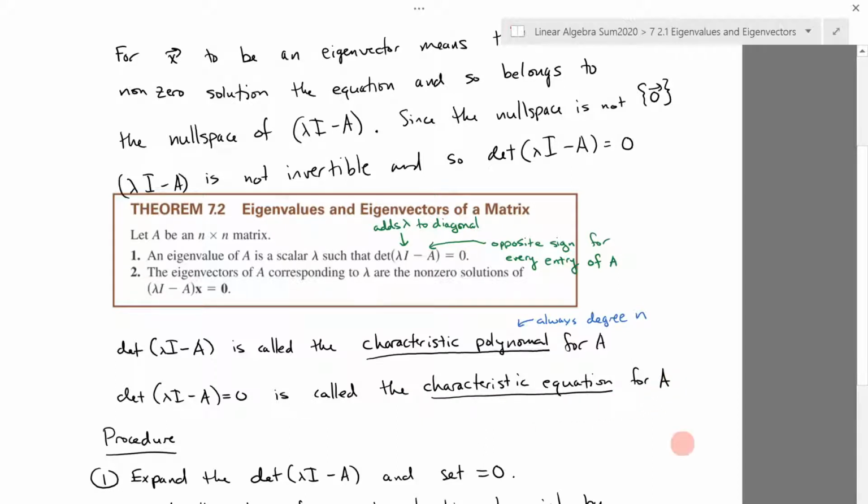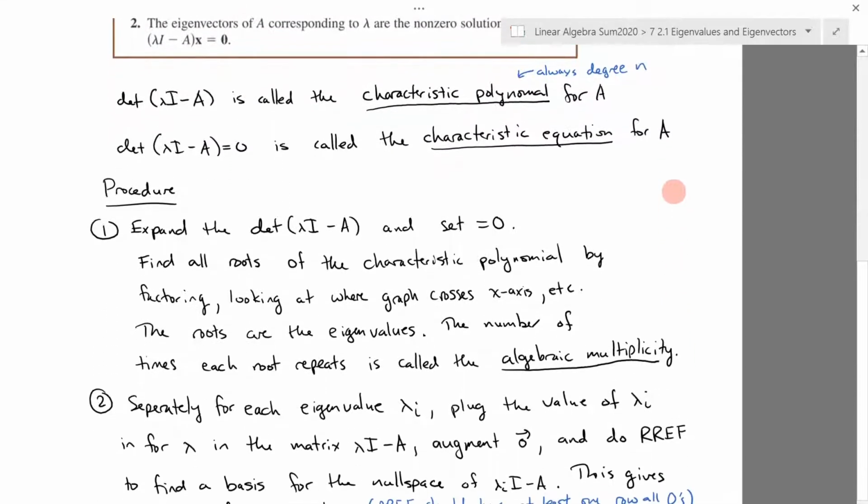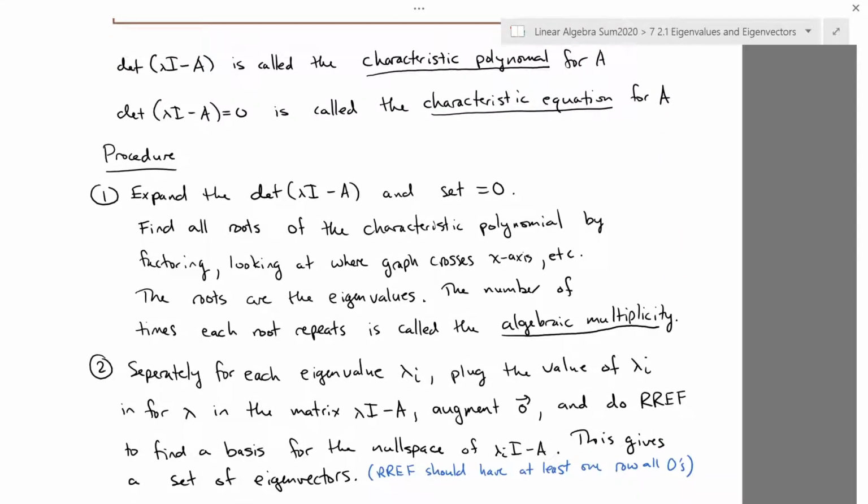So basically the procedure is going to be the following. You first set up this determinant and expand the determinant by cofactor expansion, and then you might have to simplify things a little bit.